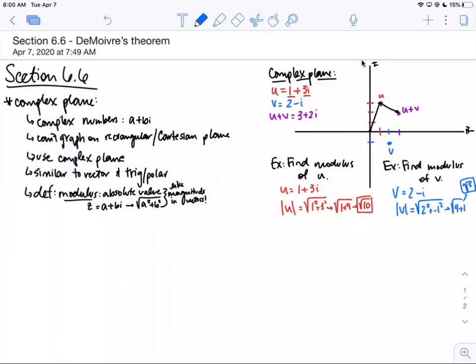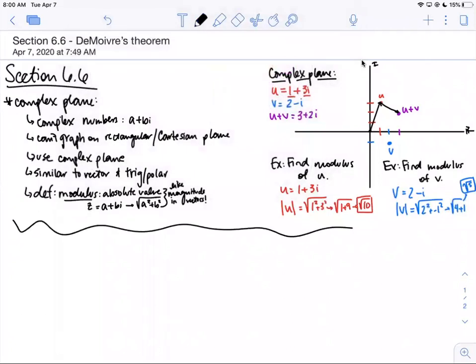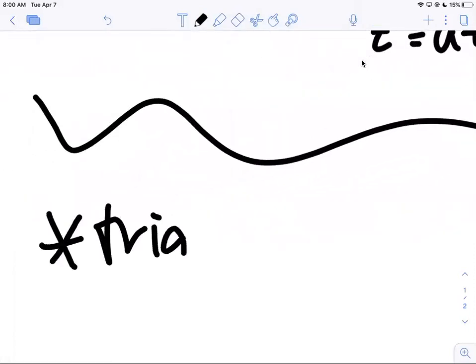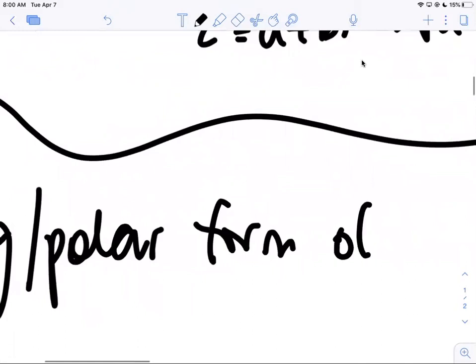Awesome. Okay, now we're going to bring in the polar trig stuff. So the trigonometric or the polar form of complex numbers, that's what we're doing next.